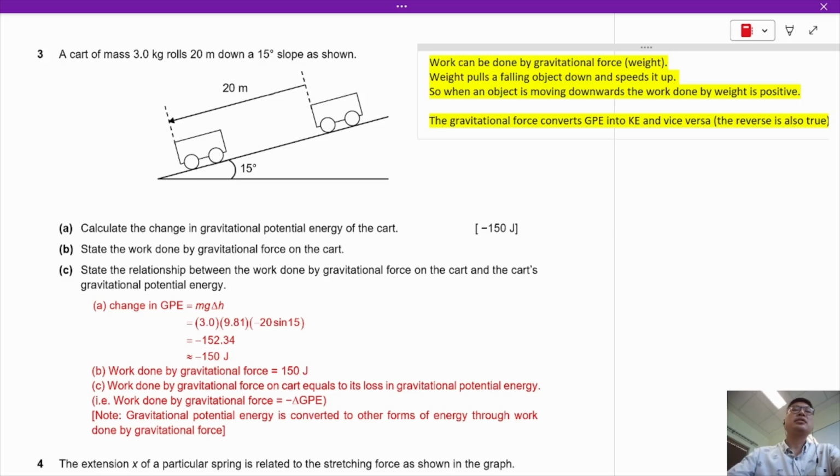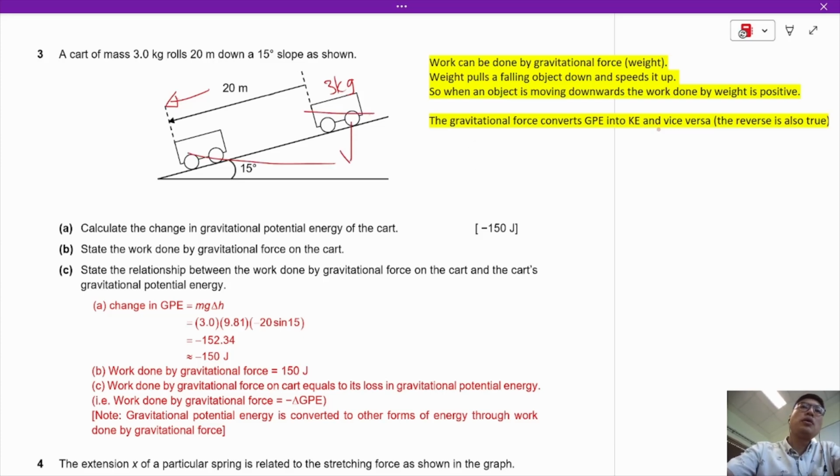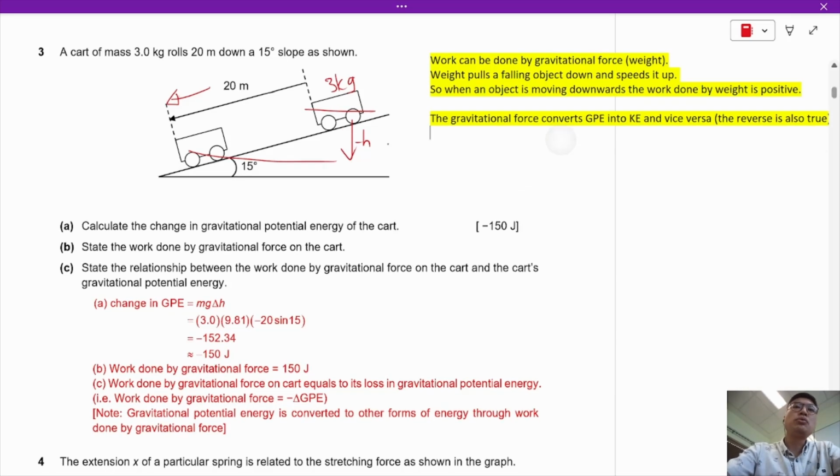Now let's take a look at this car. This car is moving downwards. It's a 3 kg cart down a 15-degree slope as shown. Let's calculate the change in gravitational potential energy of the cart. Now, because the cart is moving to a lower place, the height change is negative, and so the cart actually loses GPE.